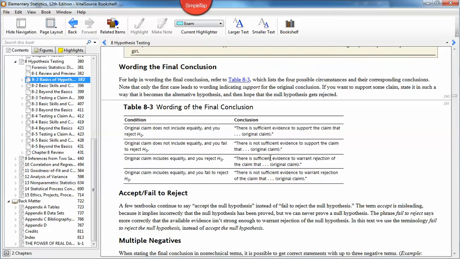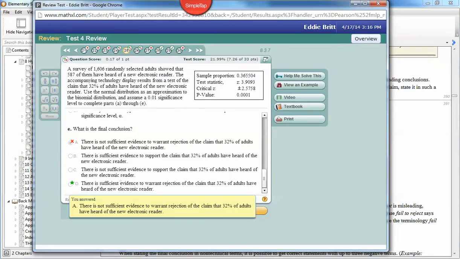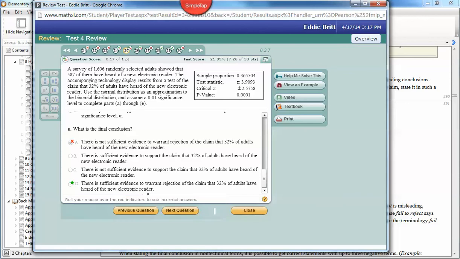So it'll start out, there is sufficient evidence to warrant rejection of the claim that, and then our claim, 32% of adults have heard of the new electronic reader.